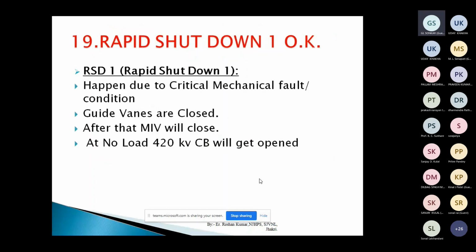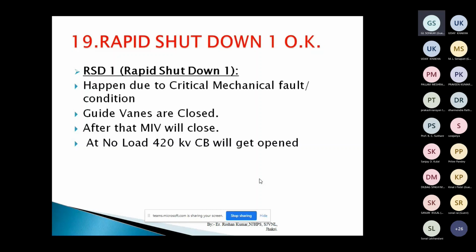Then rapid shutdown 1, it is for mechanical faults. It happens due to critical mechanical fault conditions. First, the guide vane should be closed. If a rapid shutdown activates, what are the activities? The first activity, the guide vane will be closed.